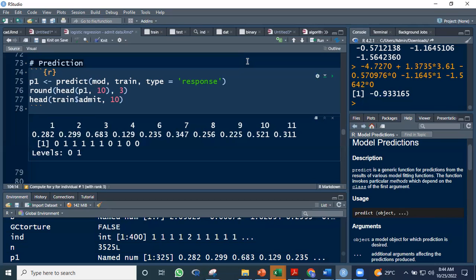Please chat yes if you understand my question. Ang question ko, na-solve natin itong negative 0.933, kinompute natin using the model and substitute the values for observation number 1. Pero, nung pinapapredict natin, bakit naging 0.282?